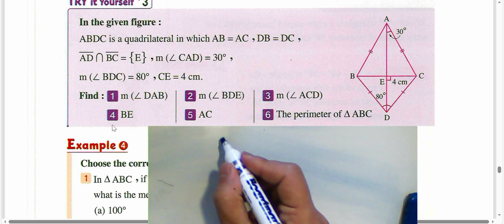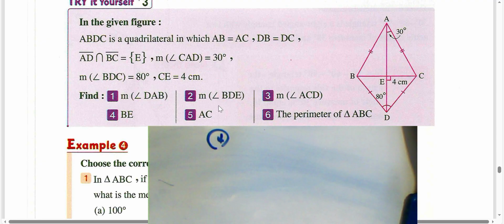Number 4, find the length of BE. It will be equivalent to EC because we proved that now. DE perpendicular to BC and it will be the midpoint because DE is perpendicular to the base.